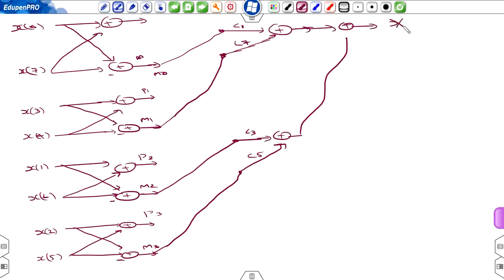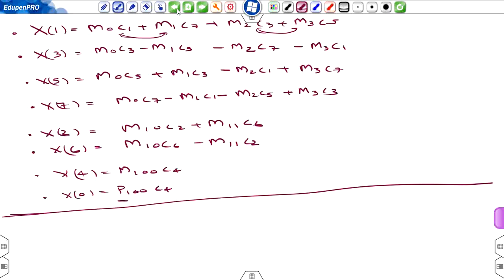So this is x1. Okay, now let's generate x2.